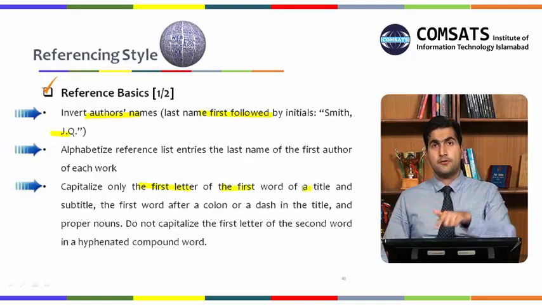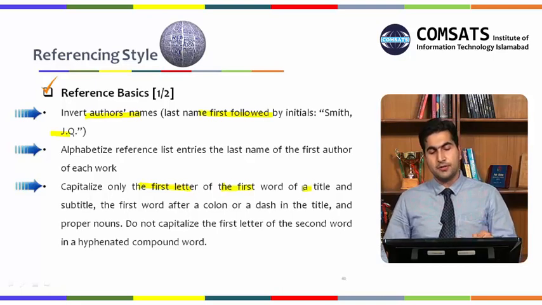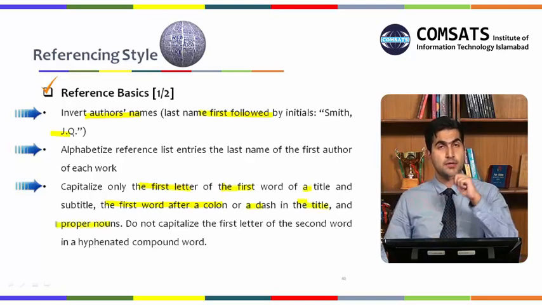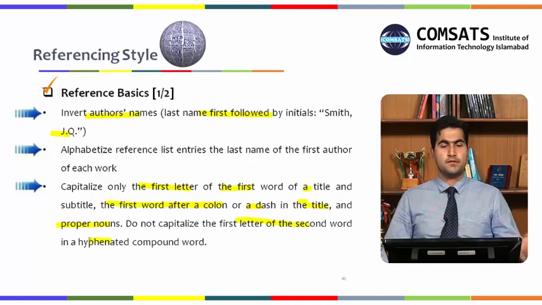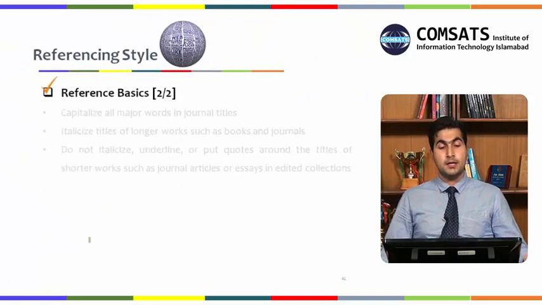First word, first letter of your title has to be capitalized. In addition to this, first word which comes after a colon or a dash has to be capitalized as well in the title, as well as proper noun should be capitalized as well. No need to capitalize the first letter of second word in a hyphenated compound word. So this is the point which should be kept in mind.